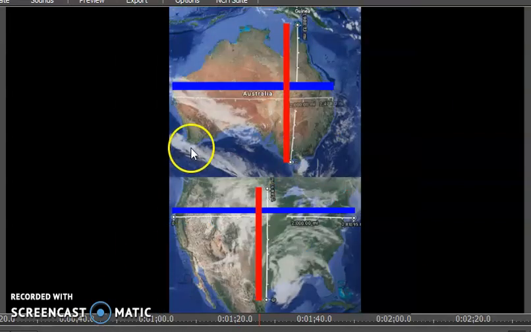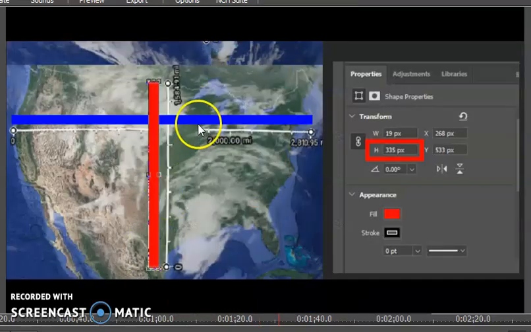Okay, so what I did is I took Australia and the United States in Google Earth. I measured the height and width of each in miles, and then I took the height and width in pixels. So I took the photos and I put them in Photoshop, and I measured the height and width in pixels. So for instance, the height of the United States in pixels is 335.